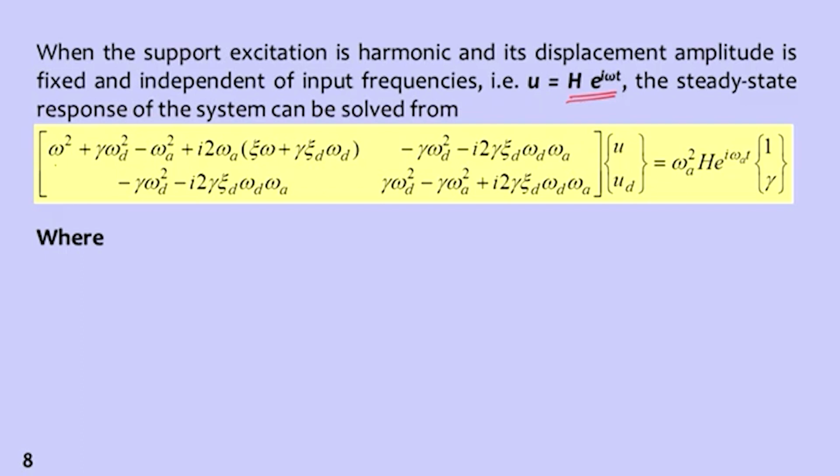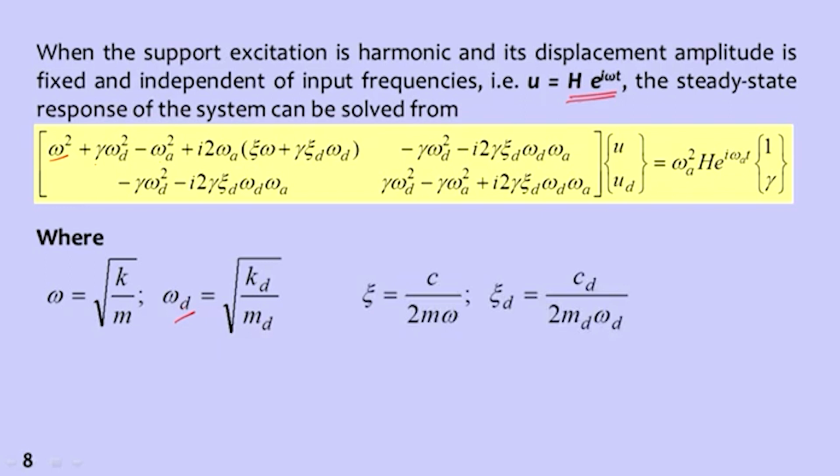As you can see, these are complex notations, where omega is the natural frequency of the primary system, omega d is root of kd by md, the natural frequency of the damper, zeta is the damping in the primary structure, c by 2 m omega, zeta d is the damping present in the damper, and gamma is the mass ratio, md by m, the mass of the damper by the mass of the primary structure.